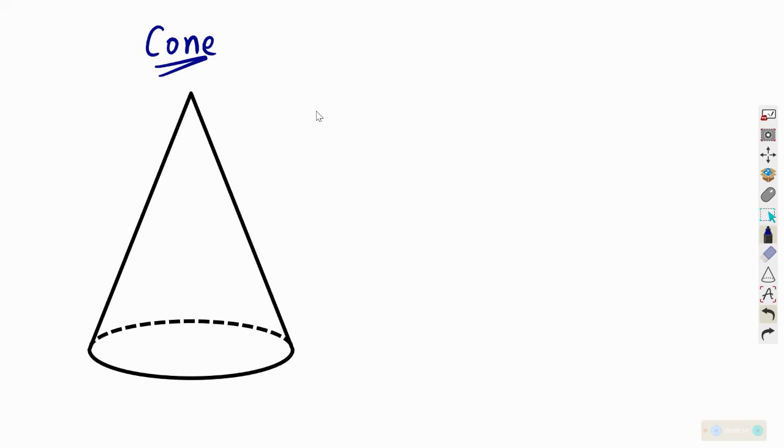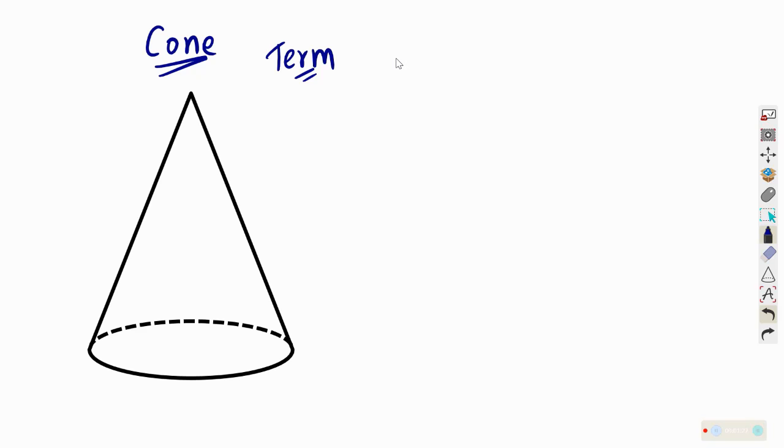Different terms related to a cone are very important because when we studied cube, cuboid, even cylinder, we had terms like height, length, breadth, right? In the case of a cylinder, we had a circular surface, so we thought of the area of the circular top and bottom.